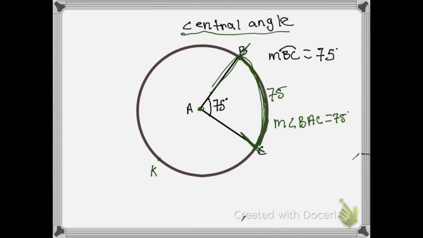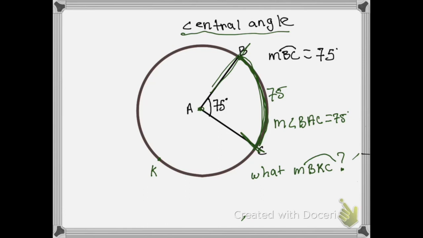Well, what if my question was, what is the measure of arc BKC? What is that arc? Well, I know that the whole circle is 360 degrees, and I know part of that is already 75 degrees.